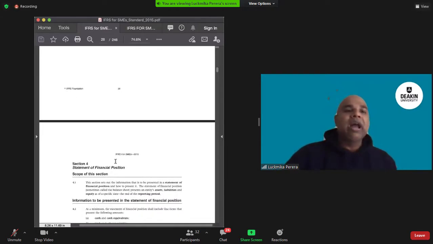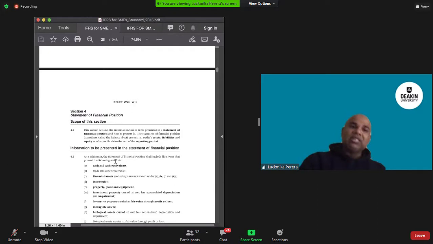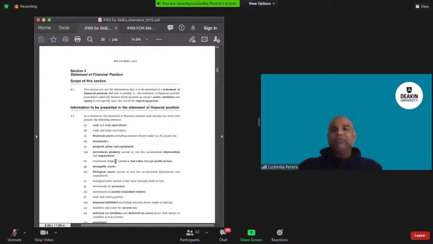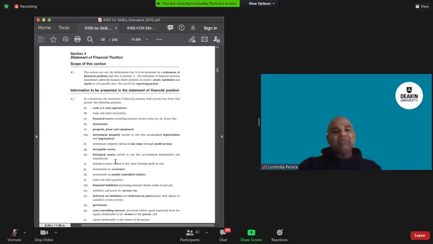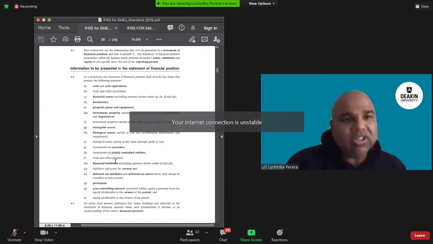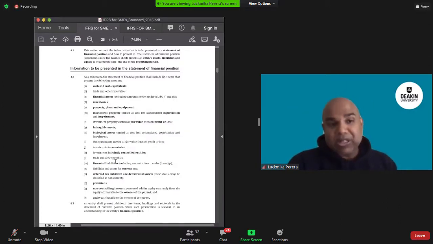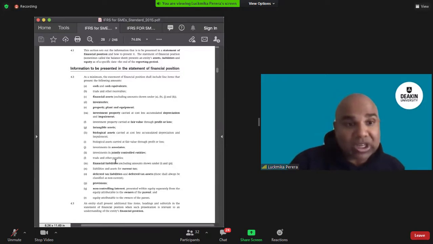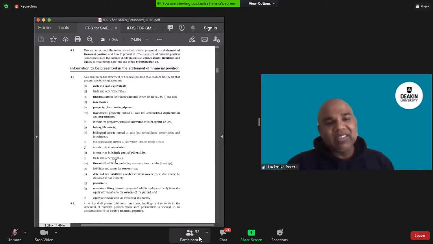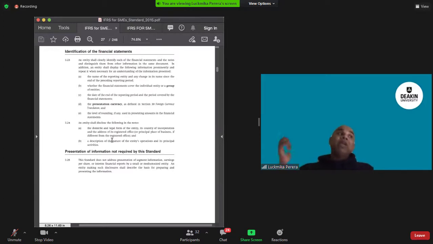Now let's go through the statement of financial position very quickly. It has a number of items: cash and cash equivalents, trade and other receivables, financial assets, inventories, property, plant and equipment, investment properties, depreciation and impairment, fair value through profit or loss, intangible assets, biological assets, investments in associates, jointly controlled entities, and so forth.